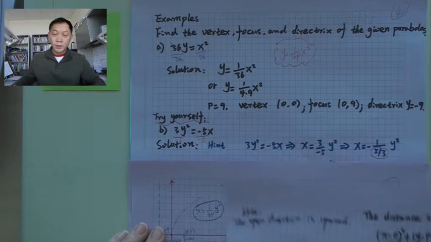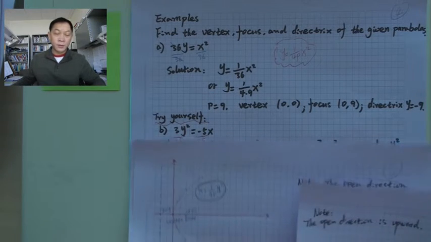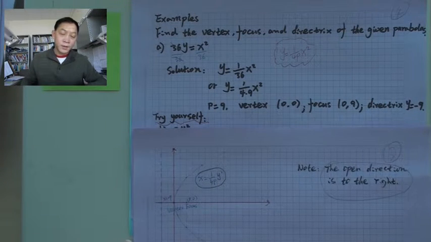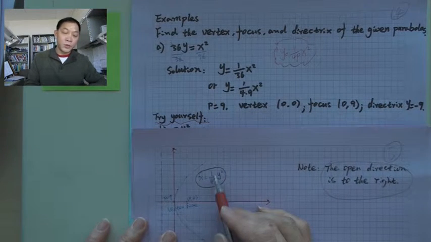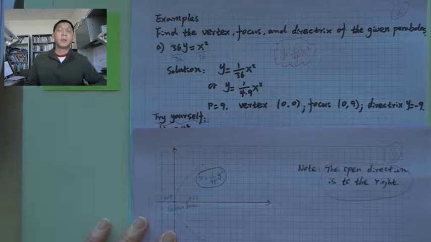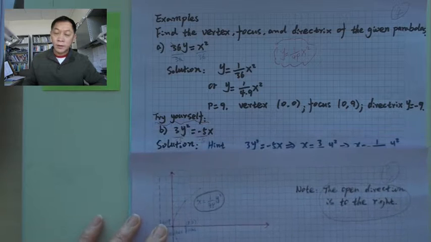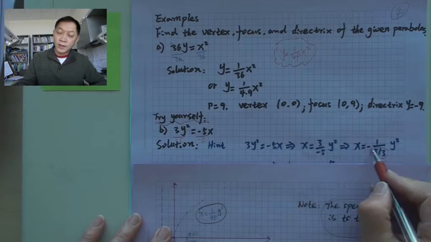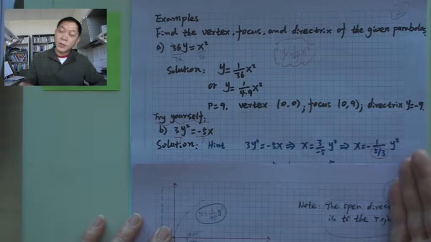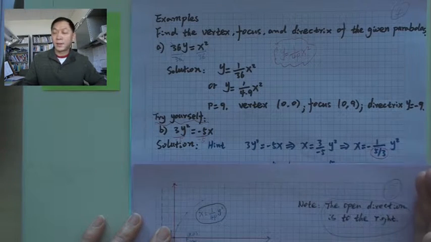You've got to compare with this one: x equals 1 over 4p y squared. The difference here is that it is negative, but that's not the problem. If it's negative, the open direction is to the left.